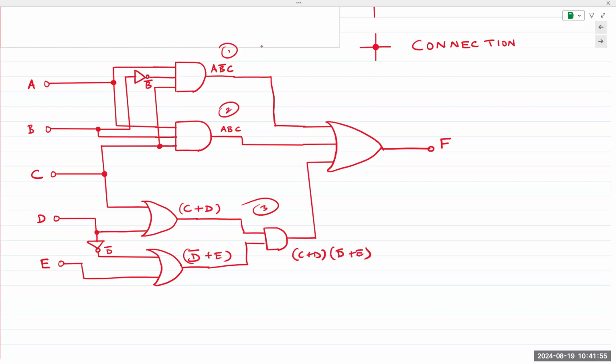And C plus D, D not plus E, and then everything is summed up in F. Okay. Any questions? Any questions at all?